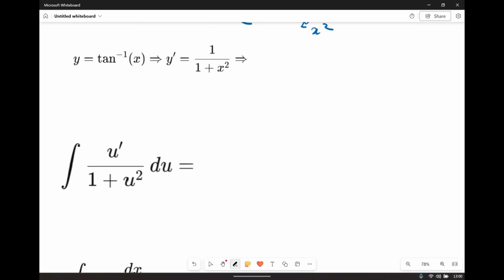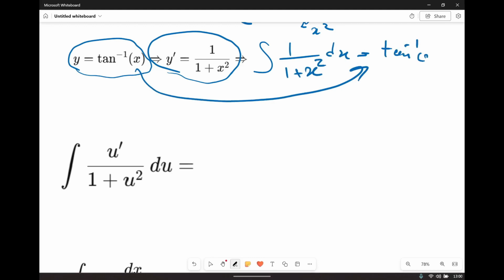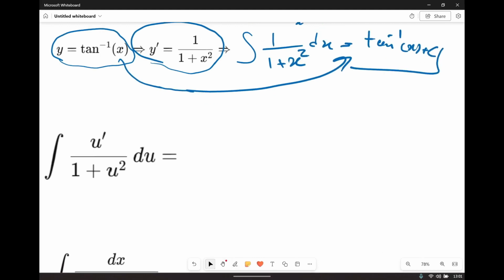Okay guys, let's go to the next statement. We know that for tangent inverse, the derivative is 1 over 1 plus x squared. Therefore the integral of 1 over 1 plus x squared dx is exactly tangent inverse x plus c. What about the general form? For example, take tangent inverse of u; the derivative of that is not so tricky.